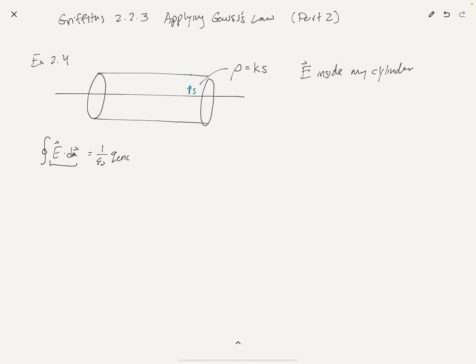I'll draw that with red. I'm going to pick some region of space, like this. I'm going to say that it is some distance L long, and that the surface that I'm evaluating the electric field at is a distance s away.